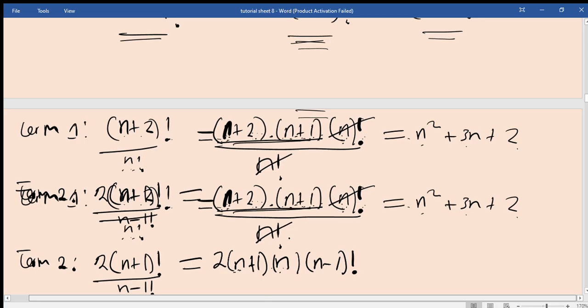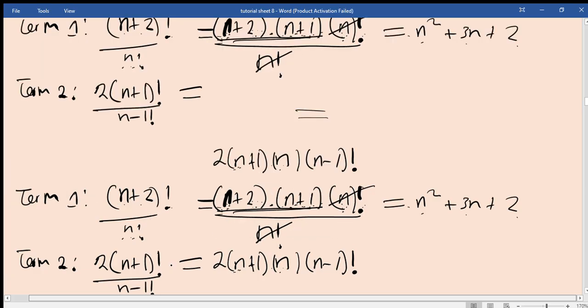So what am I going to have? We have the numerator, which is 2 times n plus 1 factorial. Since the factorial is just for n plus 1, the n plus 1 is the one which is multiplying as a decrease.